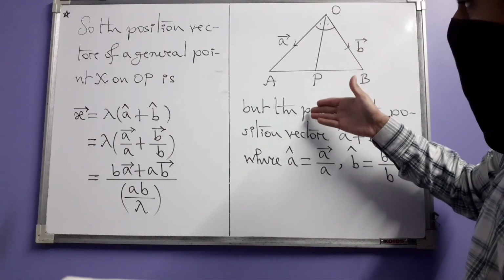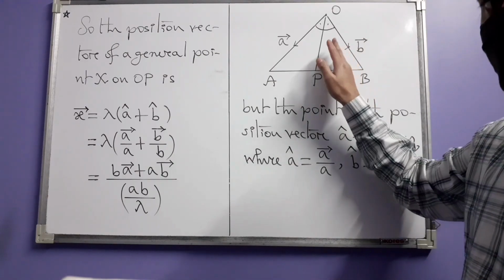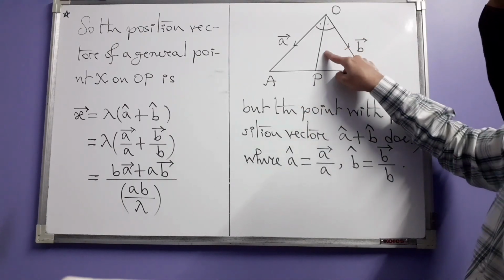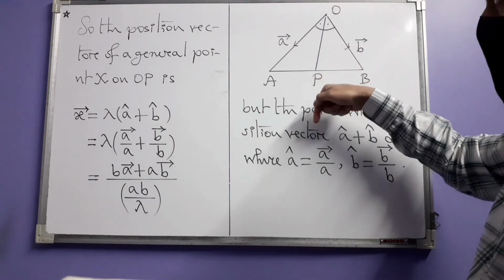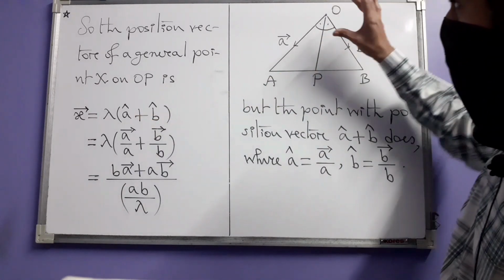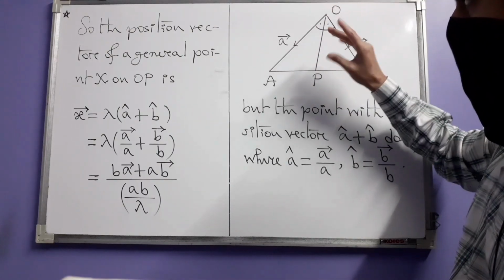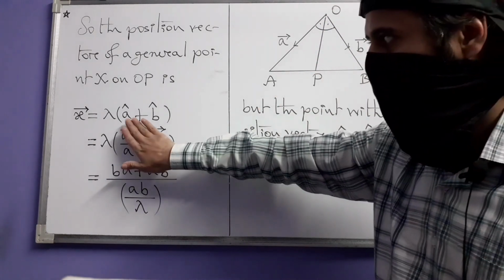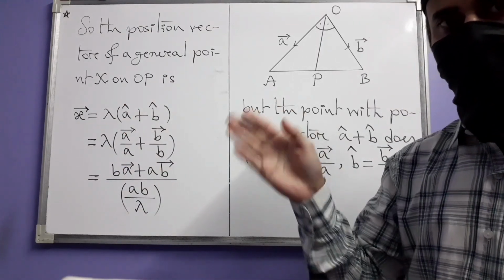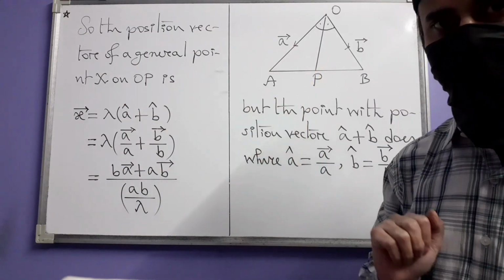Now you think of any other point, or maybe this point also, and think of its position vector. So that vector will be this vector, whereas this one is this vector. So obviously that one will be some scalar times this vector. They are parallel and pointing in the same direction.